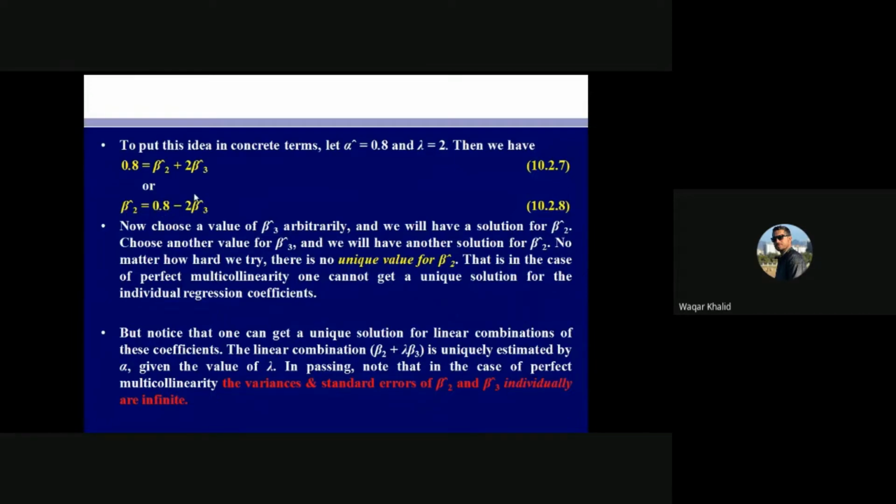If you substitute beta 3 as, for example, 1, you will get a value of beta 2.